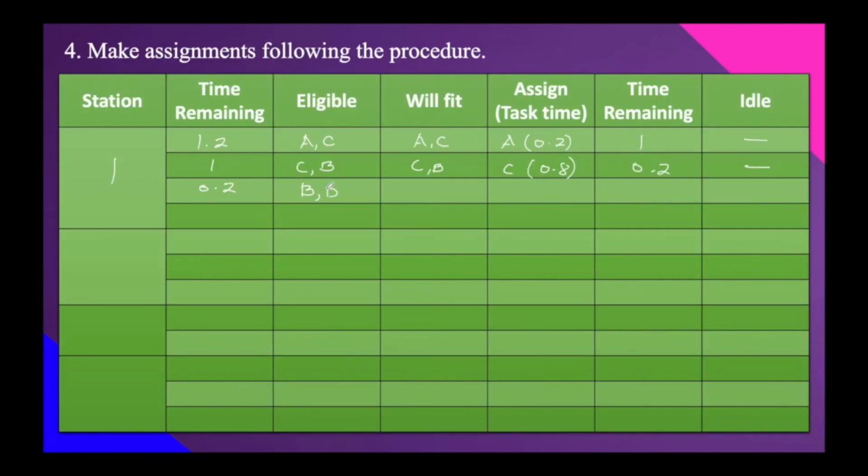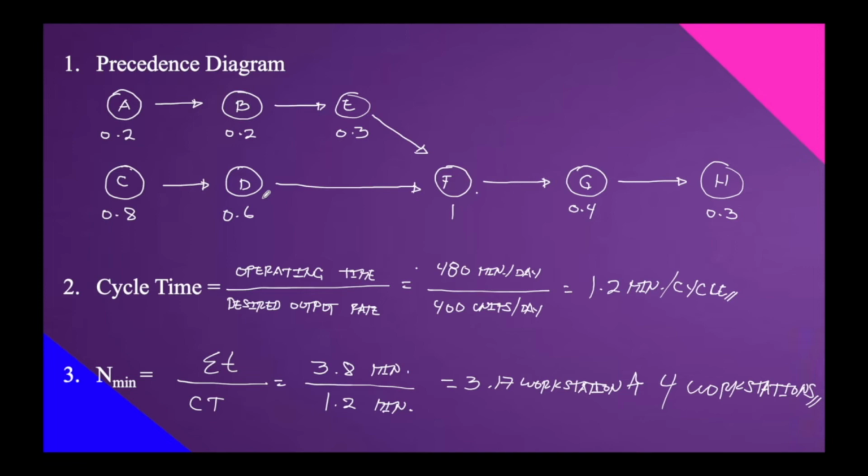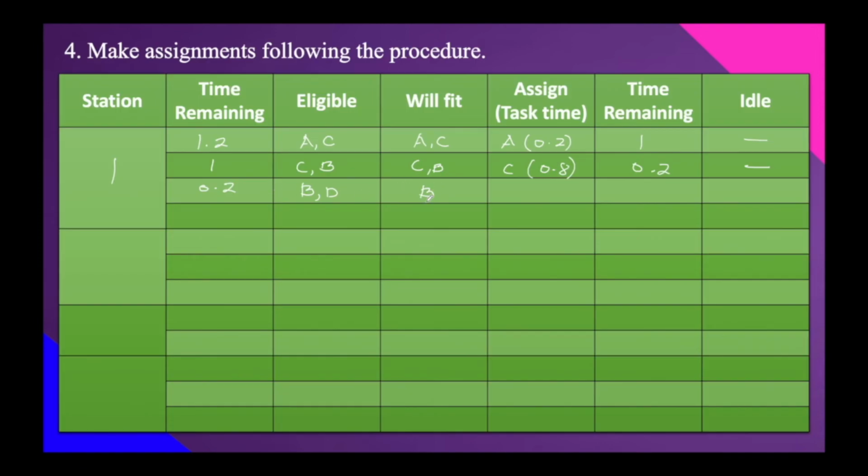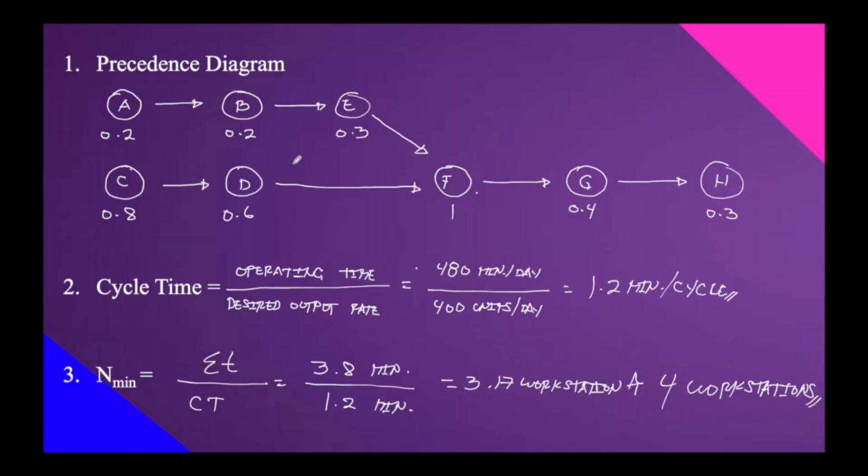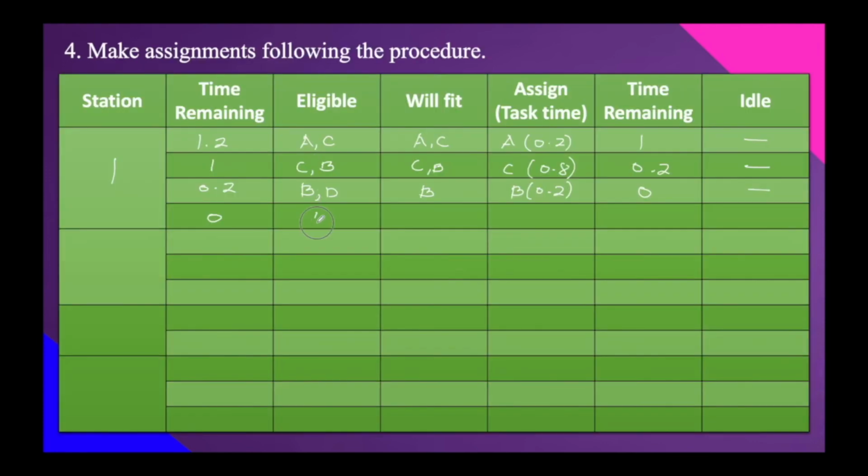Okay? But it will only fit letter B dahil si D is medyo matagal, 0.6. Okay, so si B dito, and that is 0.2. So 0.2 minus 0.2, that is time remaining natin na 0. So we don't have idle time. Time remaining 0. Eligible na tayo na this time is si E and si D dahil sila ay mga kadugtong nila.